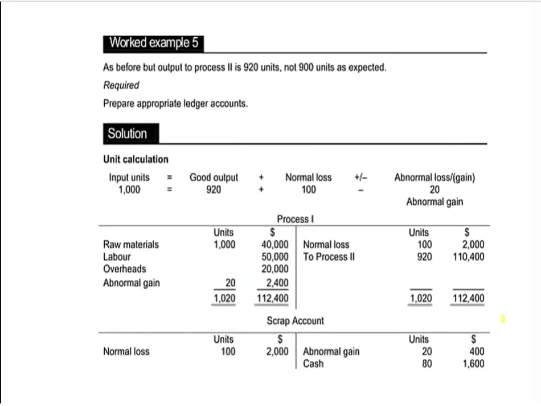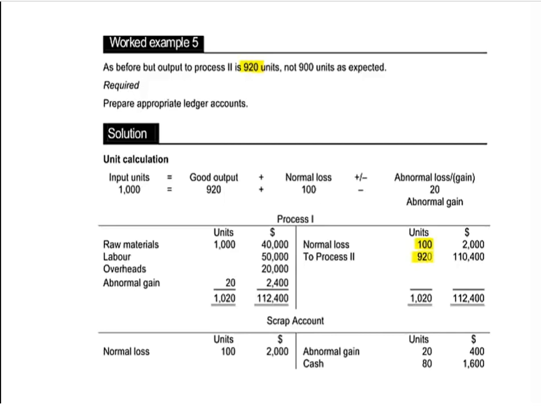In example 5, we've got the final version on a theme, which is this time the output to process 2 is actually 920 units rather than the 900 units that we expected. So in our flow of units then, we've got the normal loss of 100 and we've got the transfers to process 2 of 920.